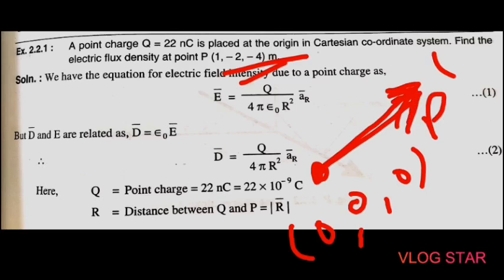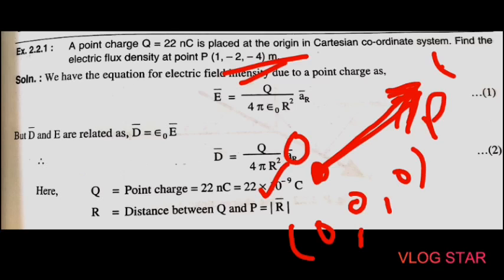That means a vector is formed, and the starting point of this vector is the origin, considered as O, and P is the reference point. So we consider O as the starting point and P as the ending point.